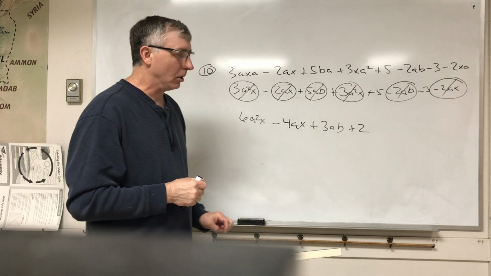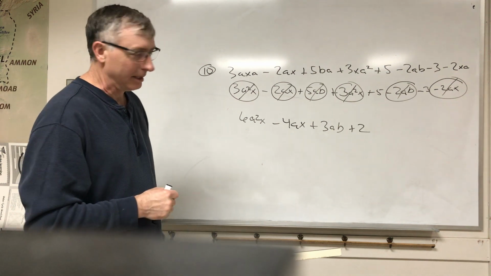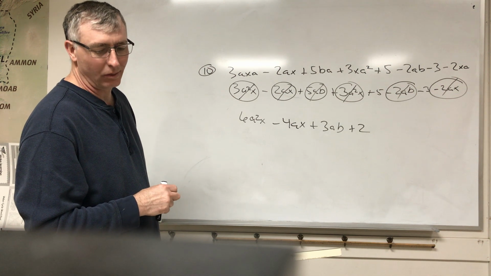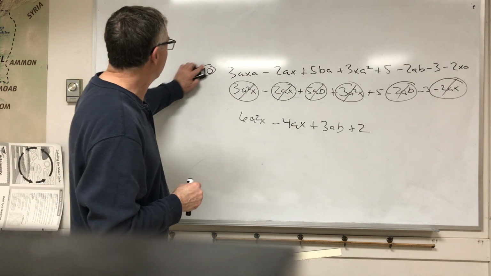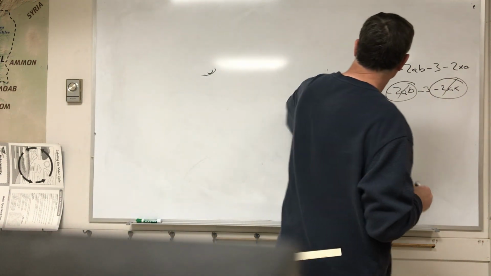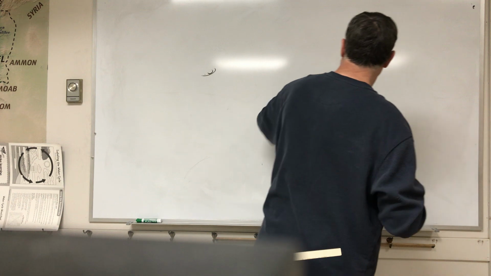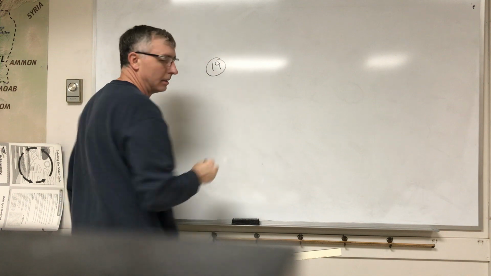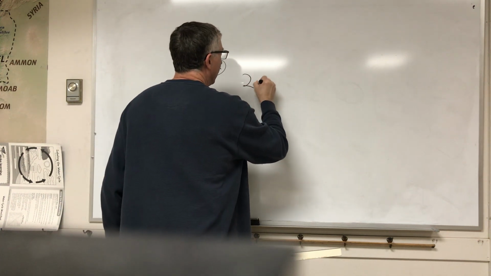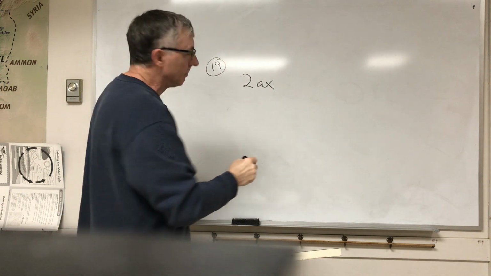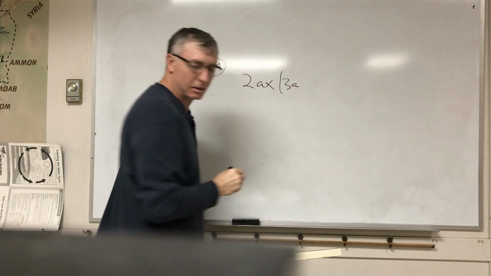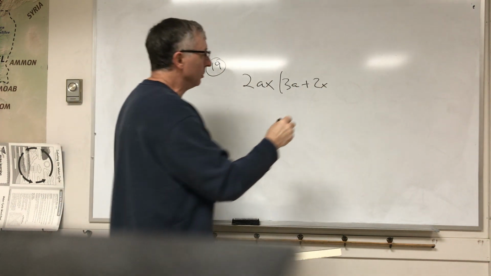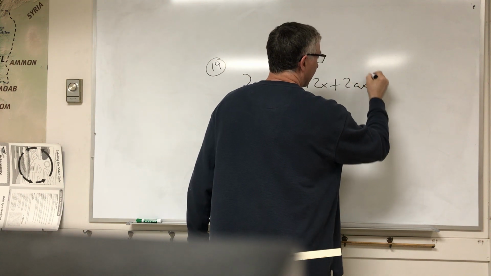All right, let's go on to 19 through 27. These are lesson 92 type of problems. I'll just work 19. I have 2ax times 3a plus 2x plus 2ax.